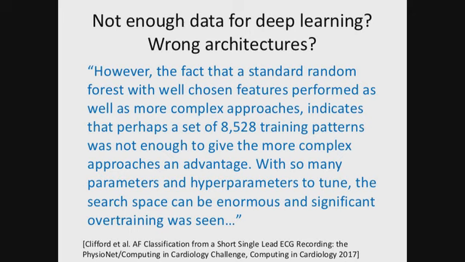And in the summary paper, they conjectured that they'd expected that convolutional neural networks would win. And they were surprised that none of the winning solutions involved convolutional neural networks. And they conjectured that maybe the reason is that the 8,000 patients in the data set just weren't enough to give the more complex models an advantage.